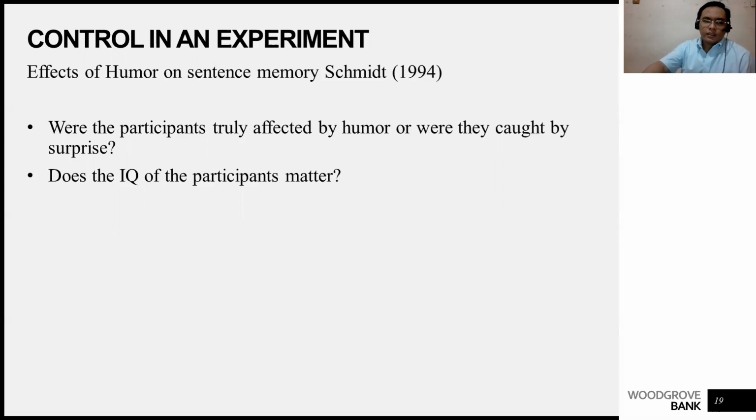The concern raised in the experiment was that Schmidt wondered if humor was the only factor affecting the increase in memory, or if a sense of surprise could affect the attention of the participants to the sentence.